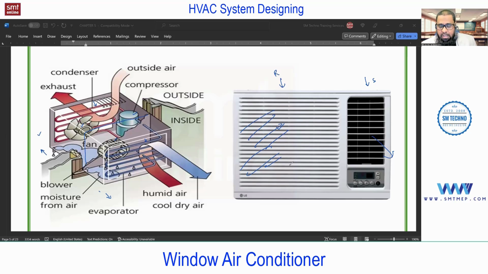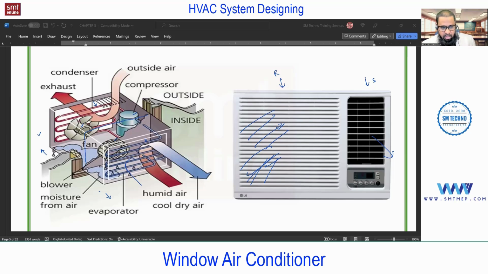The evaporative coil or the condenser coil? Evaporative coil. Before the evaporative coil, you'll find a sensor or a temperature bulb, which will continuously monitor the return temperature. And according to that, it will give the signal to the thermostat, and the thermostat can operate the compressor on and off.